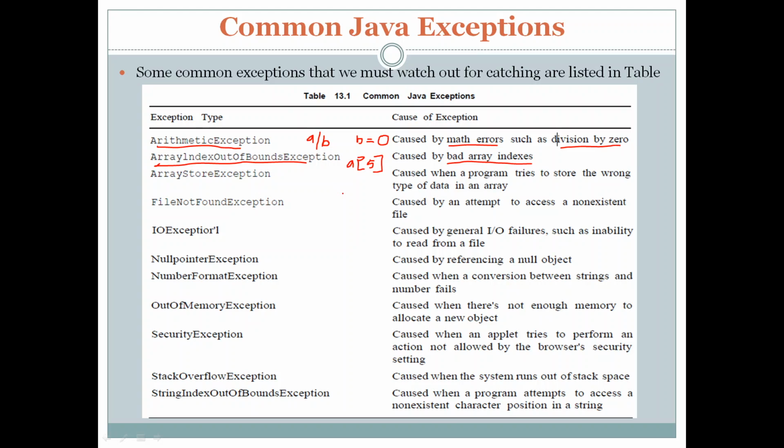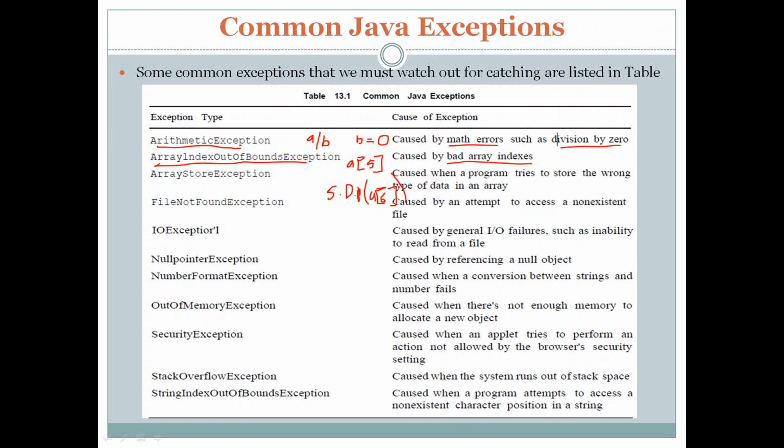if I try to print an array position, that is if I say SOP, System.out.print, and try to print a value that is A of 6, do we have a value at A of 6 in the array?